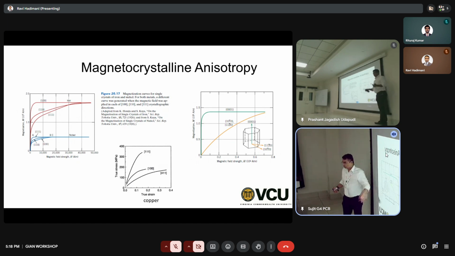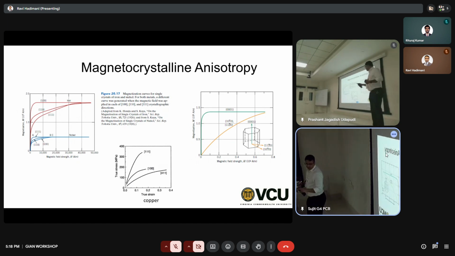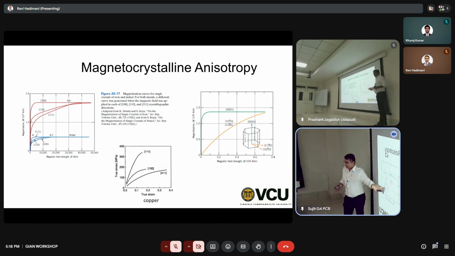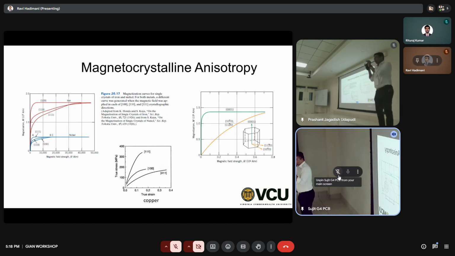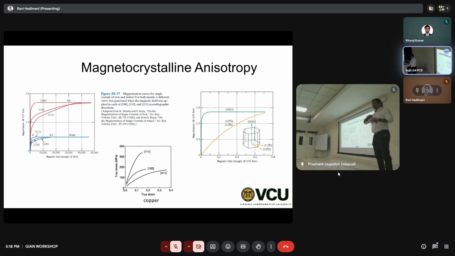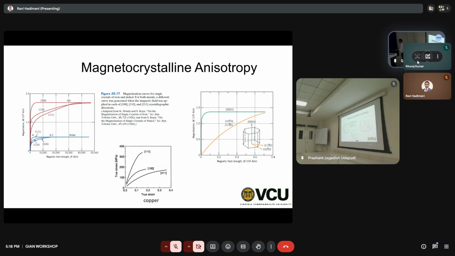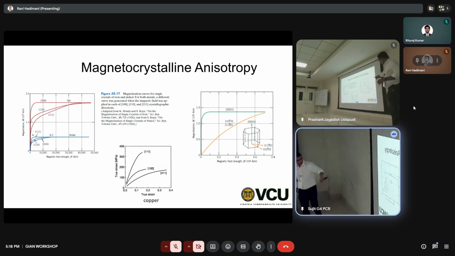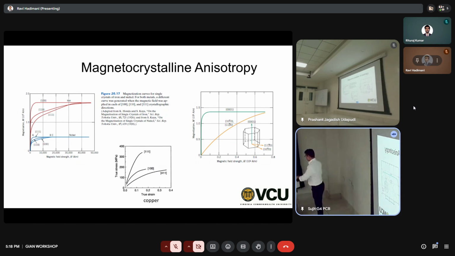So that means if you want very high relative permeability, you choose a hexagonal crystal structure and align the long axis of the hexagon, and that will give very high relative permeability. That means you apply a very small field in this direction and you get high magnetization.